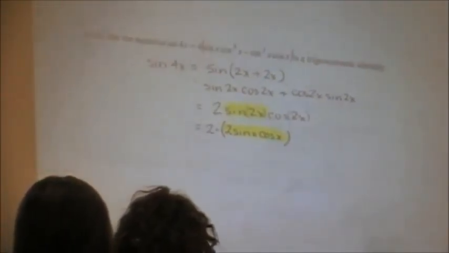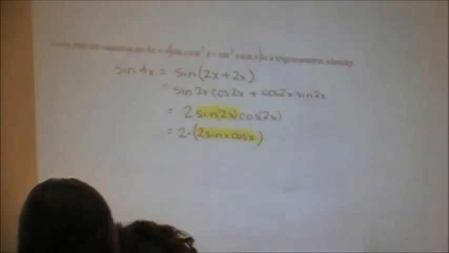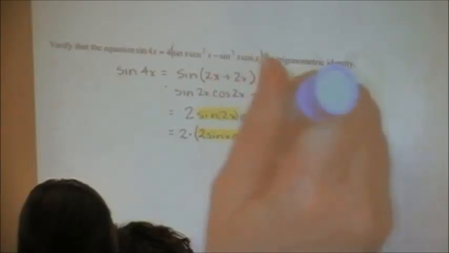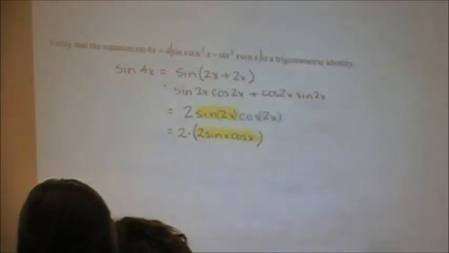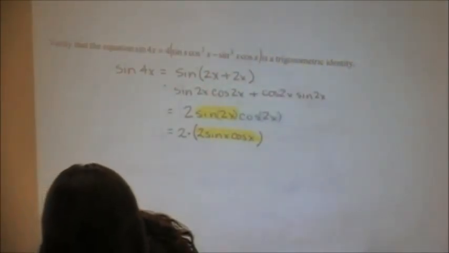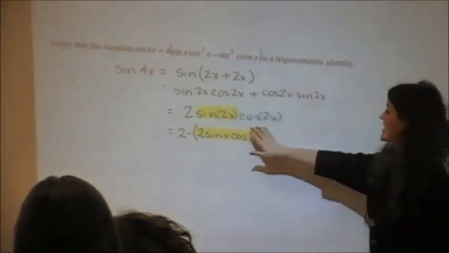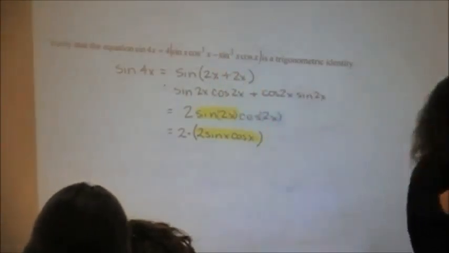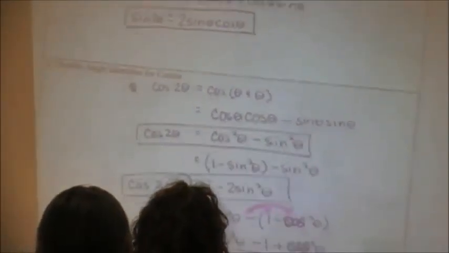Everybody okay? Alright, so now we've got to replace cosine of 2x. Now this is where a decision comes in, because I've got choices. So look at where you're headed. I am trying to get to this craziness. So which one of these will probably get me there easier?